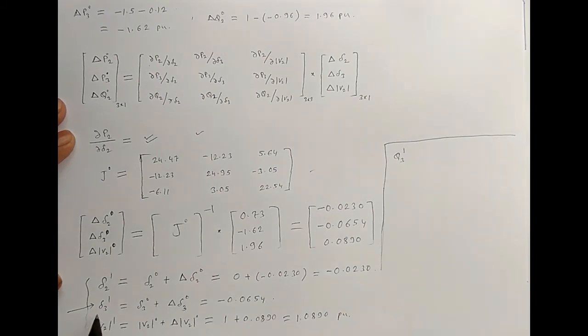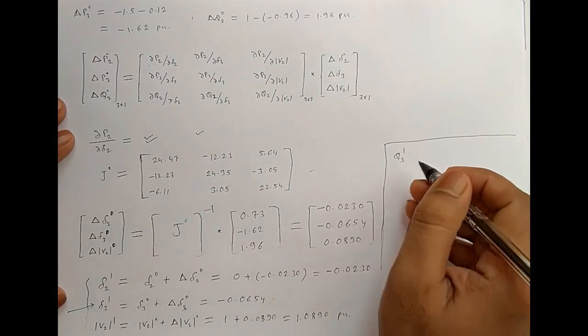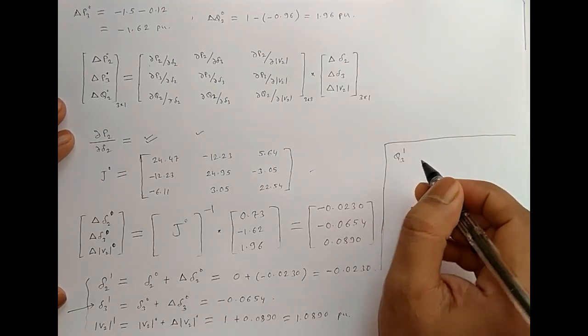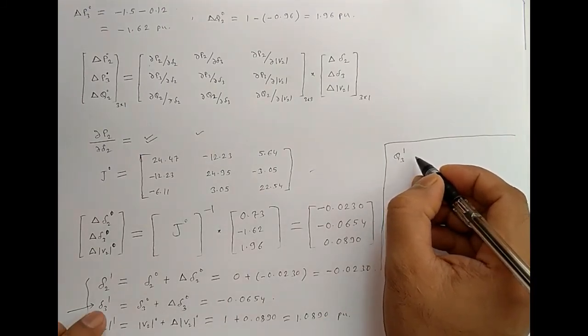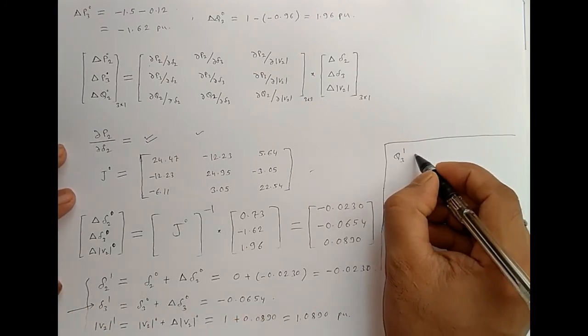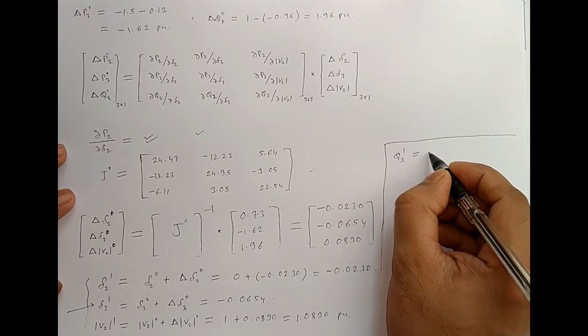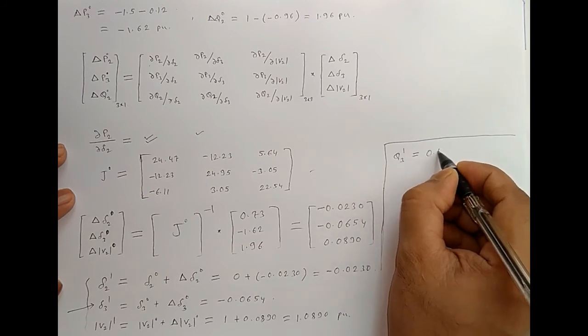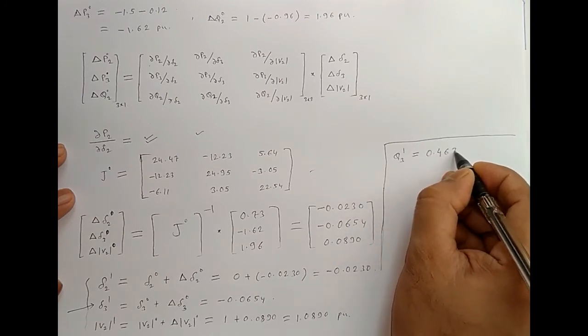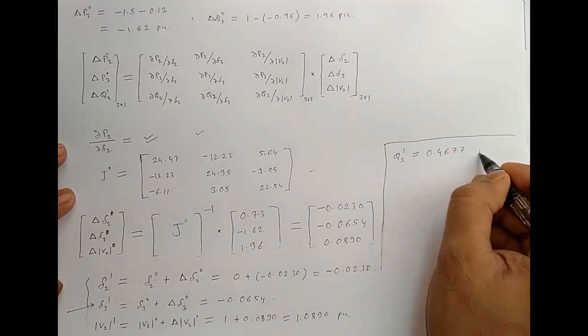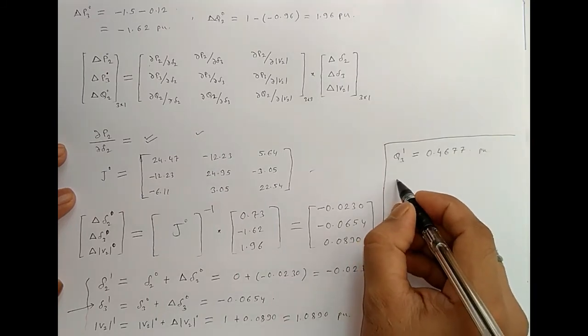So in the SLF equation, put these values, and then you will get Q31 equal to 0.4677 pu.